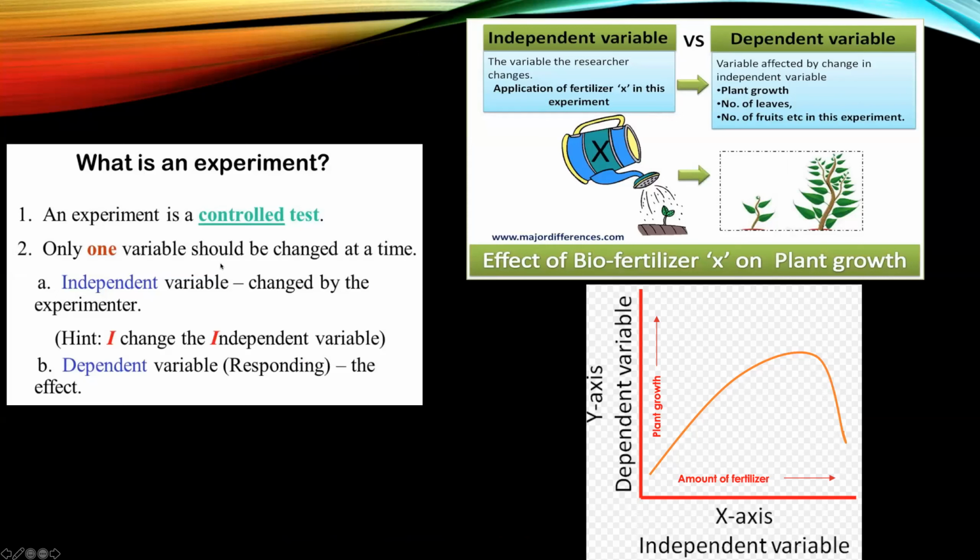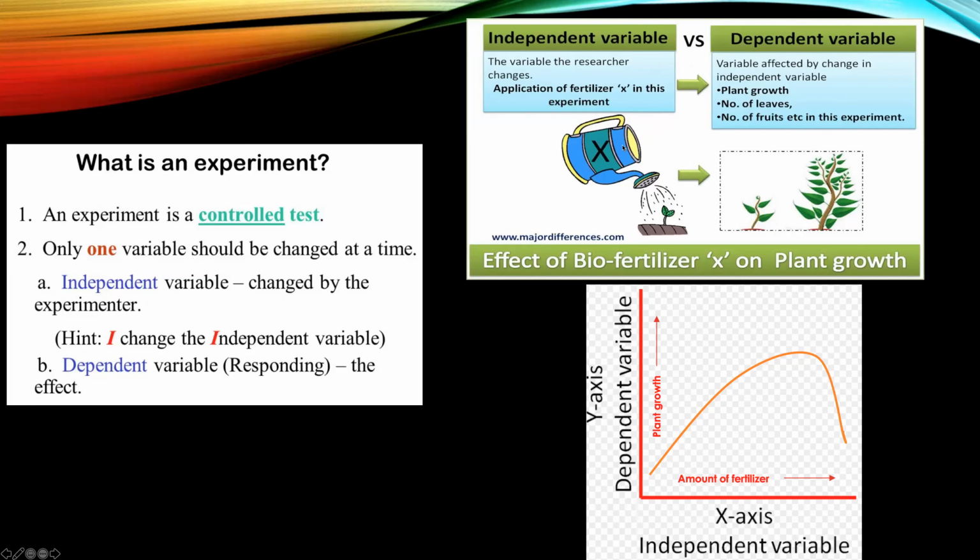One variable should be changed at a time. And in any experiment, there is an independent variable and a dependent one. The independent variable is changed by the experimenter. The dependent variable depends on the independent variable. That's illustrated on the right here at the top, independent versus dependent variable.